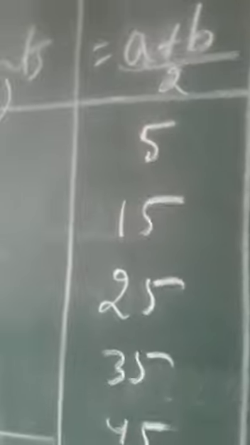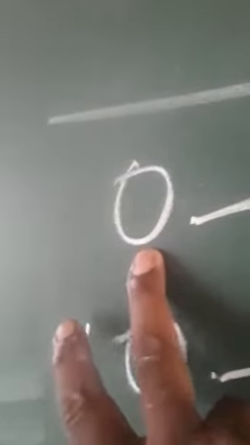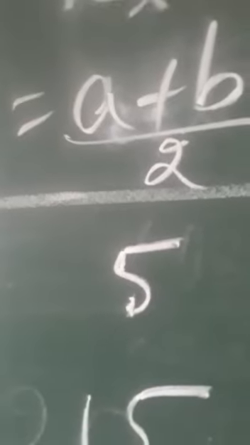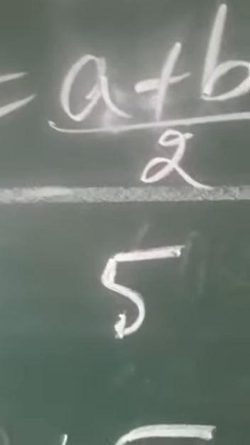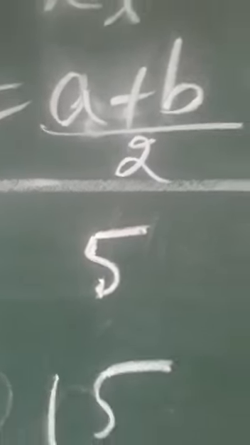This xi is calculated from the lower limit, which is 0, and the upper limit, which is 10. These are a and b. This is the average of a and b. So we add 0 and 10, and when we divide it by 2 we get 5.